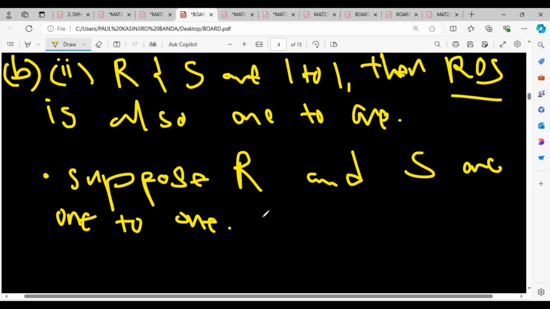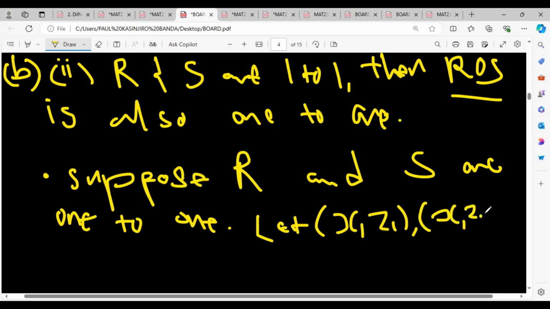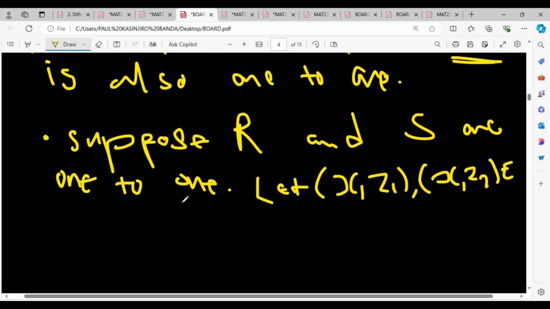So we can say let (x, z1) and (x, z2) be members of R of S. What we want to prove here is that z1 is equal to z2. If we can prove that, then our proof will be done. That's all that we have to prove.